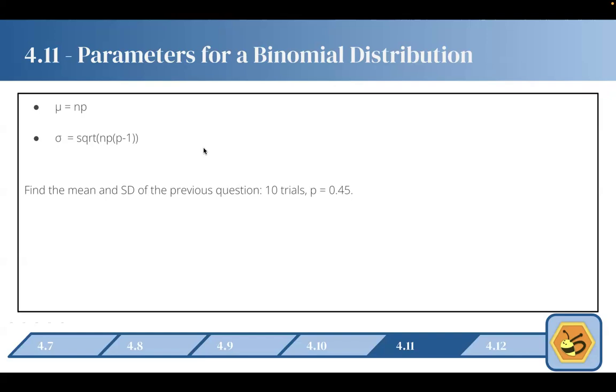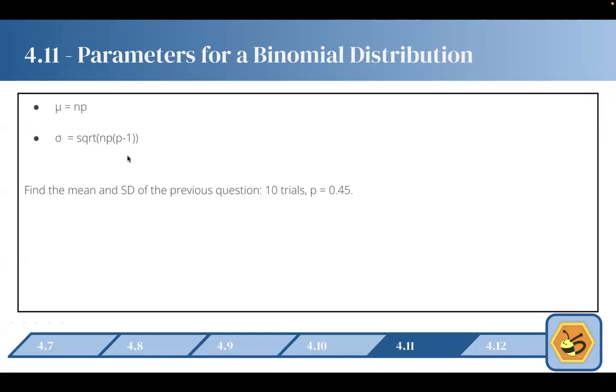The mean of this distribution is simply the number of trials times the probability of success. And the square root of the number of trials times the probability of success times the probability of failure is your standard deviation.